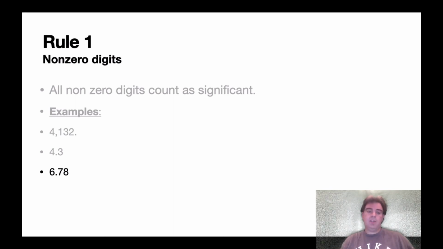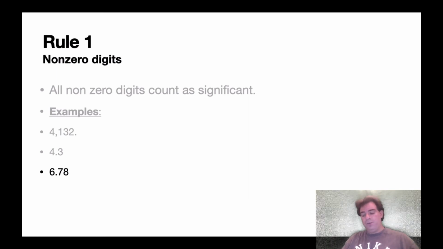Now, I know they're not the same measurements, but imagine you had to compare the three numbers that we just discussed. Which one would you say is more accurate and precise? The first one, of course, because it has four significant figures. So rule number one is very easy: all non-zero digits count as significant.